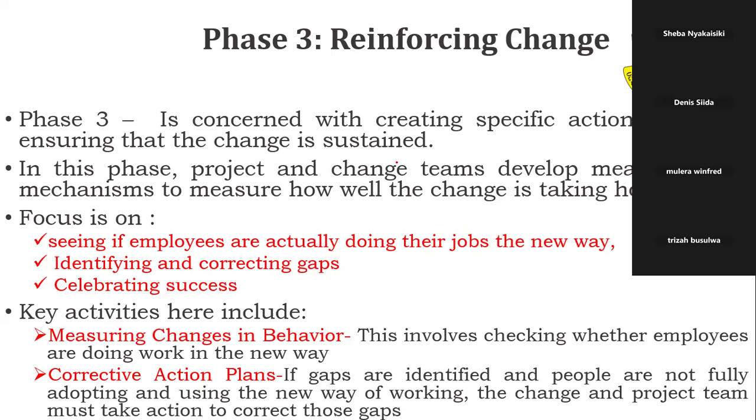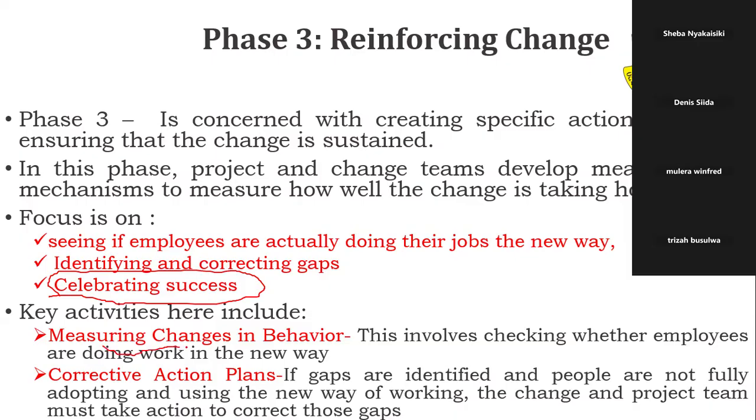We correct those gaps if there is something not being done right. If there was something in training that hasn't been done right, it is readdressed. If someone is not doing something right, that is also reinforced. But a key point is to celebrate the successes. You reward those who have embraced the change.